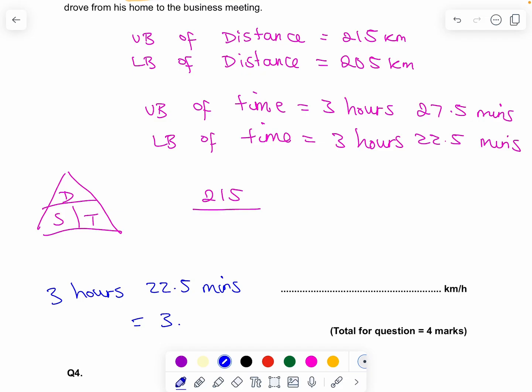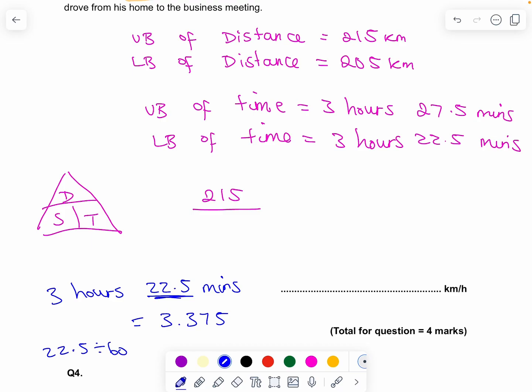That gives me 0.375 as hours, okay? Because remember, this is not out of 100, it's out of 60. So I'll just repeat, I did 22.5 divided by 60 to get it into hours.